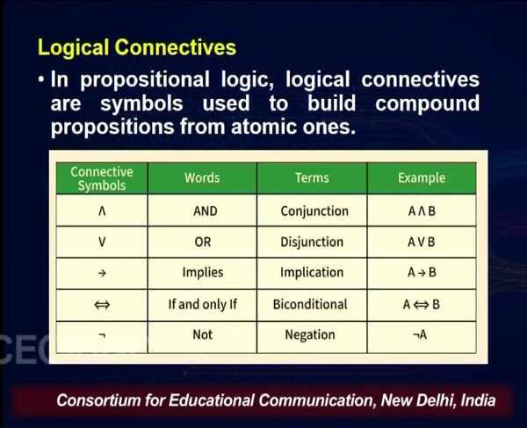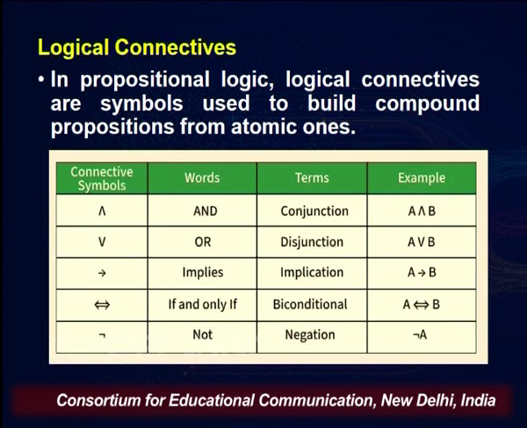Then a right arrow is for "implies". The term here is implication, and the example is A implies B. We have already seen this example in our previous slides. Then there is the biconditional, which is called double implication, or we can call it "if and only if", and this double-headed arrow is its connective symbol.